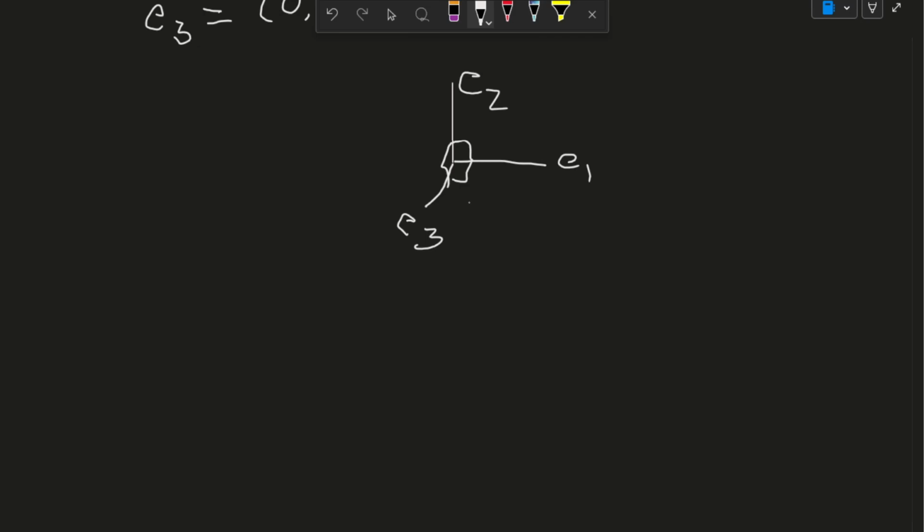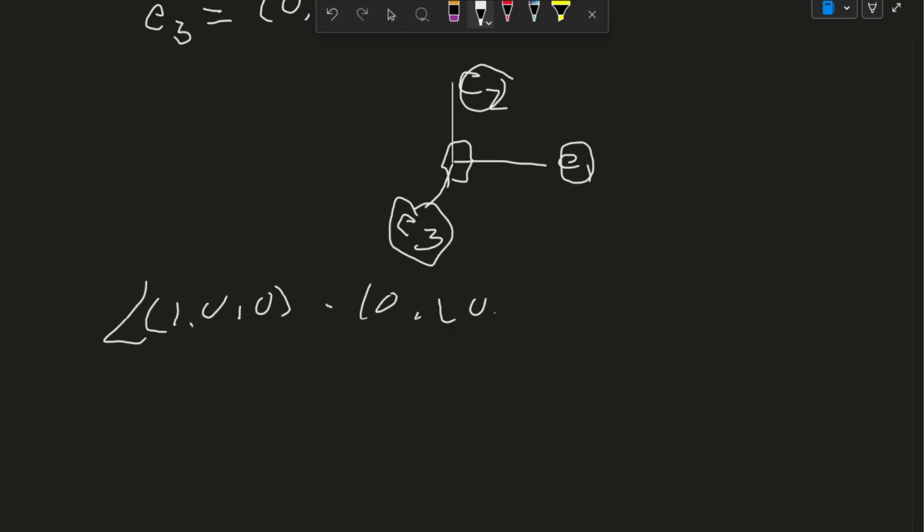Well, what does it mean for a linear transformation here to be angle preserving? Well, we have a name for when a list of vectors are all at 90 degrees from each other. And that name is orthogonality, right? So the fact that E1, E2, and E3 are orthogonal just comes from the fact that, like, 1, 0, 0 inner product with 0, 1, 0, right? This is going to be 0 plus 0 plus 0, which is 0, right? So they're all orthogonal.